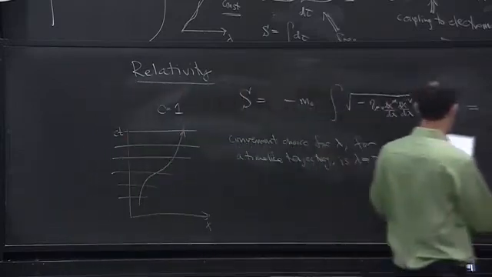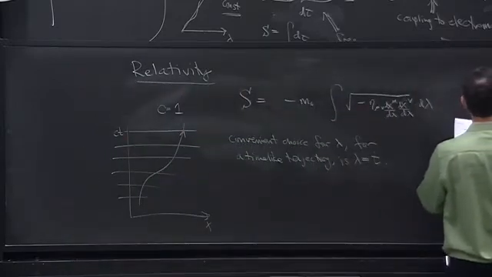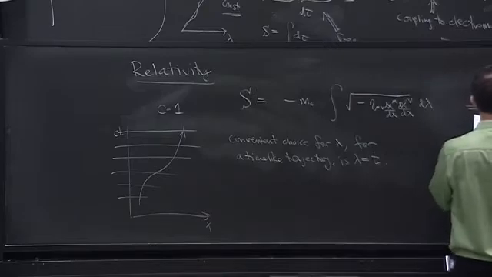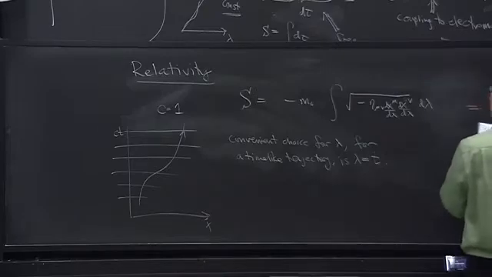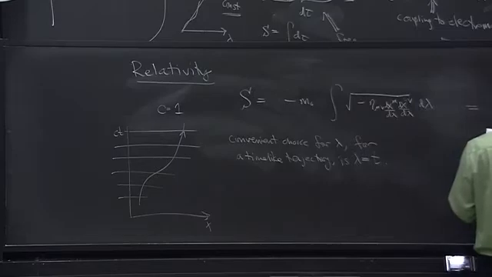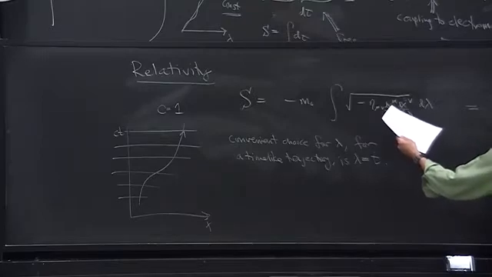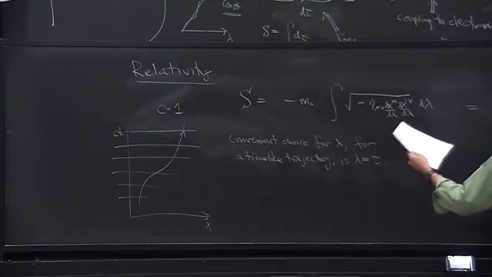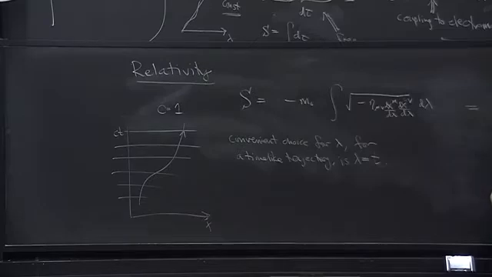So now things simplify. This becomes minus m naught integral, so lambda equals t, square root, and then we have dt dt, which is 1. So I just have a 1 minus x dot squared, where x dot equals dx dt.